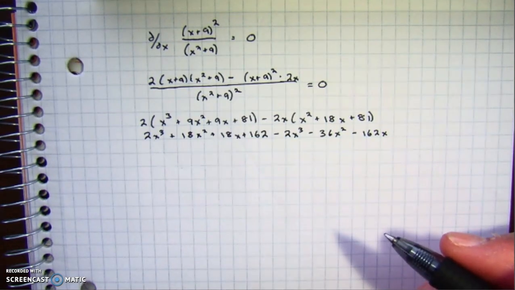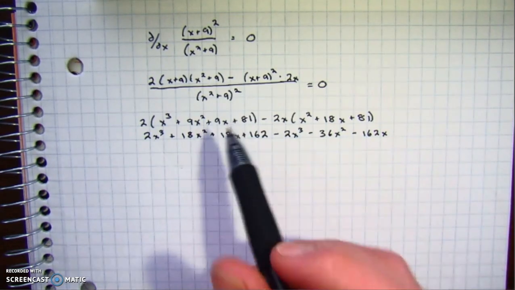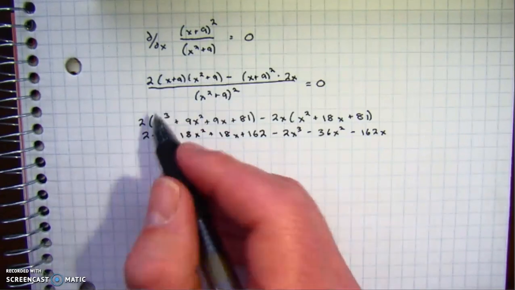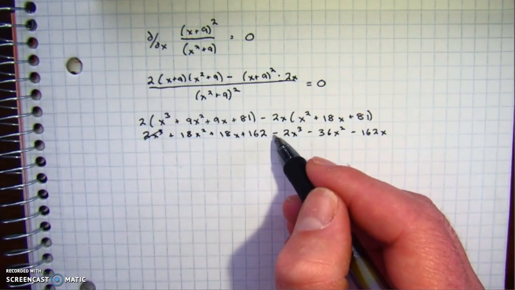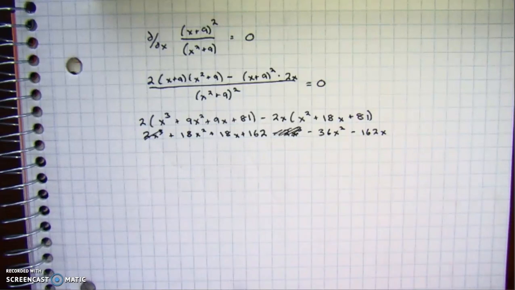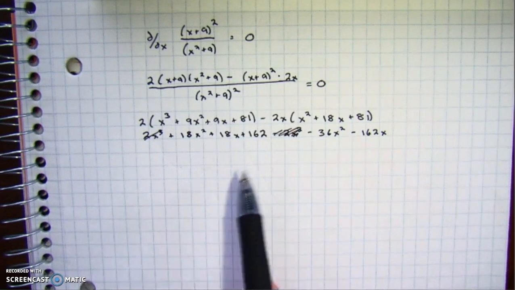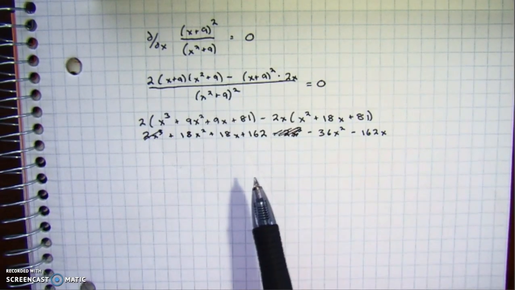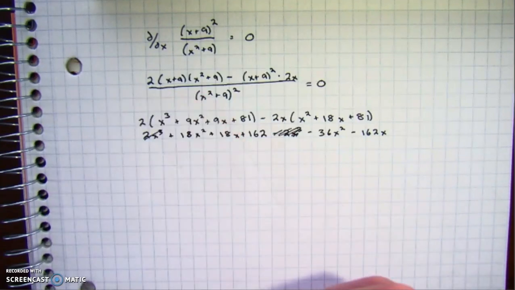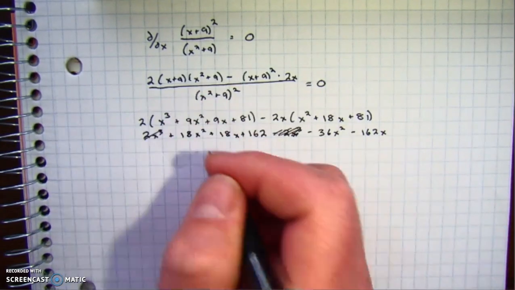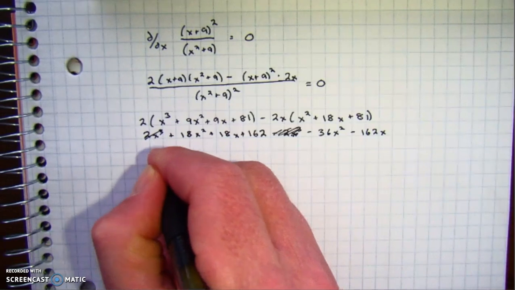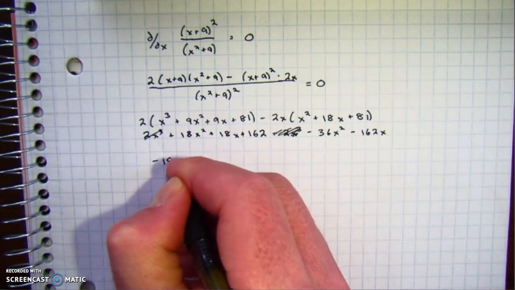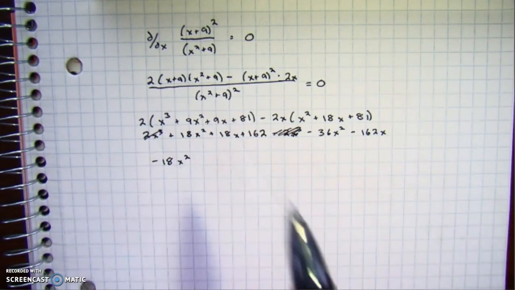All right, so far so good. Now let's see how it simplifies. Well, this is kind of nifty. My x cubes cancel, that's going to make our life a lot easier. So for my x squareds, I've got 18 minus 36. That's negative 18x squared.